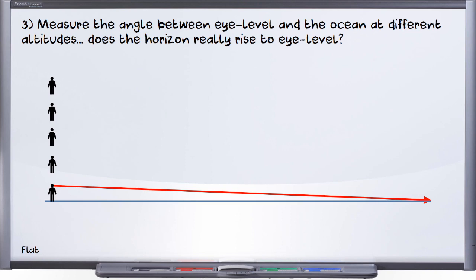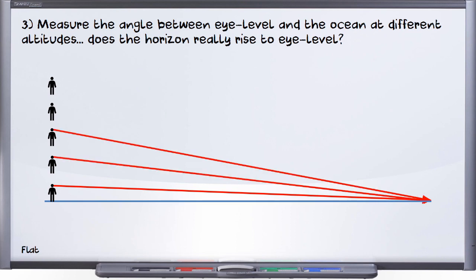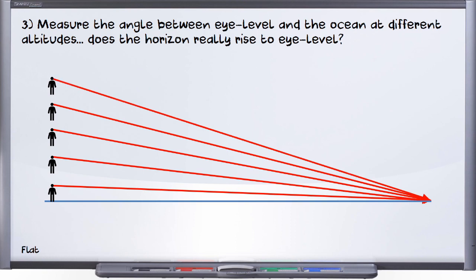As you go up higher, that angle does get steeper, but it gets steeper at a different rate. So if you measure this carefully, you should be able to compare this versus the globe model and see which one is better. Now, this still is not rising to eye level.